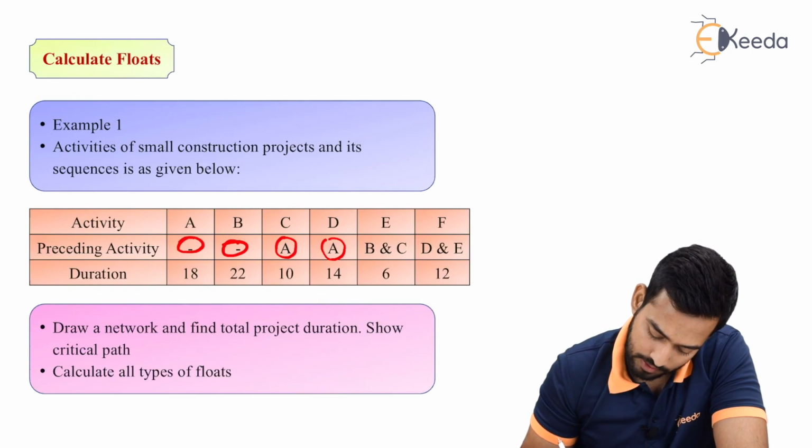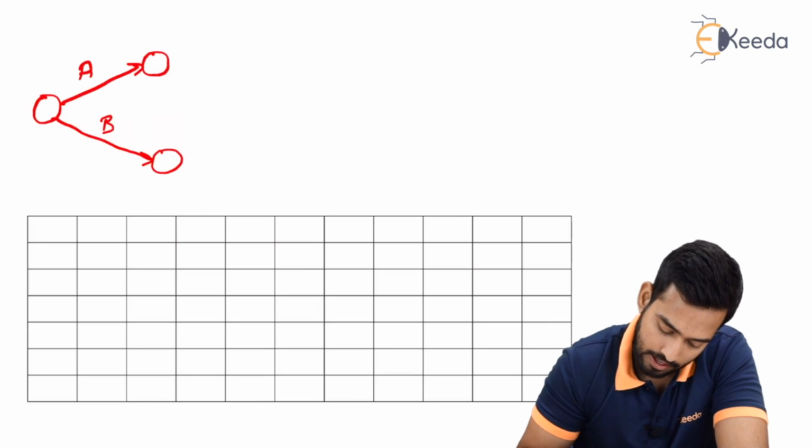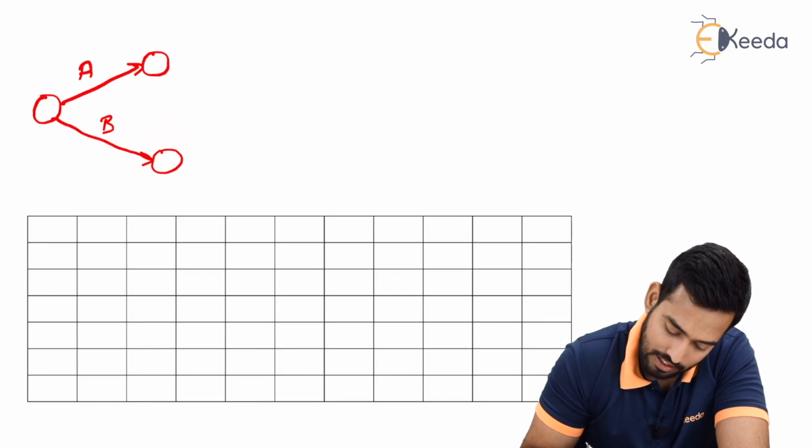We should see that B and C coincide at a single node because they will form E. So keep in mind that B and C should coincide at a single node.